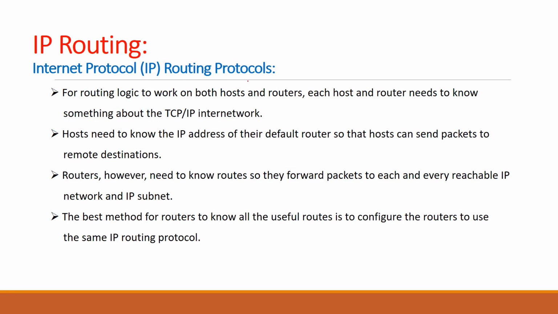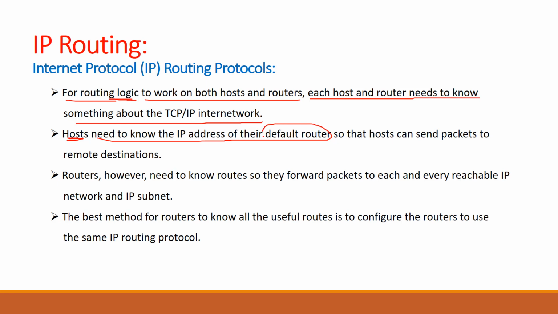What are IP routing protocols? What do they do? For routing logic to work on both hosts and routers, each host and router needs to know something about the TCP/IP network. Hosts need to know the IP address of their default router so that hosts can send packets to remote destinations.